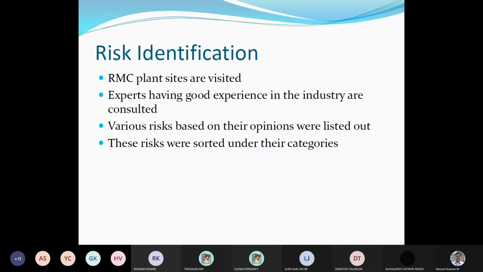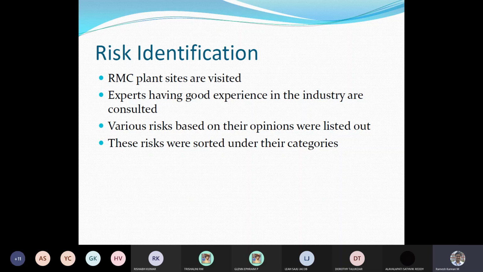RMCs use automated batching facilities. Automated batching facilities will be perfect and will not have many flaws, whereas manual batching may have flaws because of manual dexterity, and it requires continuous monitoring, right? And that is one particular risk. And even in an automated setup, the process goes really well only if there isn't any problem with the automated system, right?